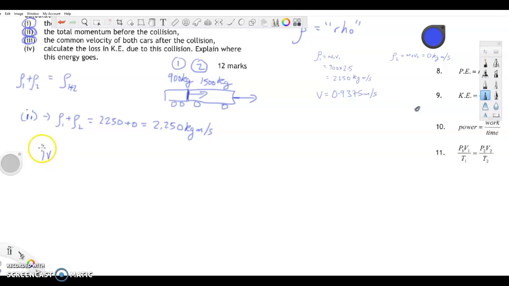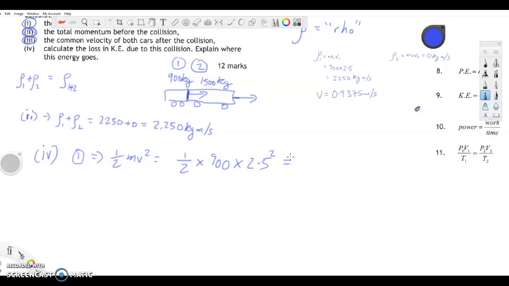Now we're looking at part 4, the loss in kinetic energy due to this collision. Before the collision, only vehicle 1 had kinetic energy, and the formula for kinetic energy is a half mv squared. So that's a half multiplied by the mass of vehicle 1 multiplied by its velocity, 2.5 meters per second, squared.